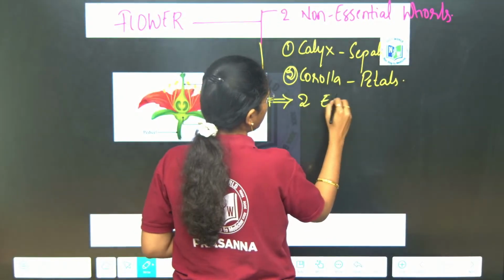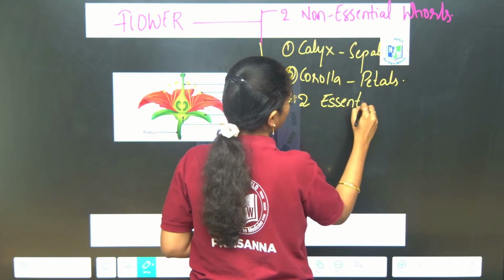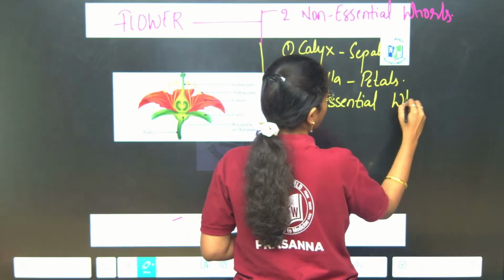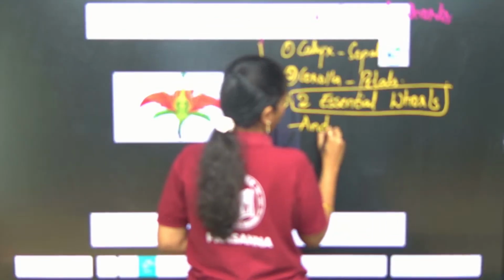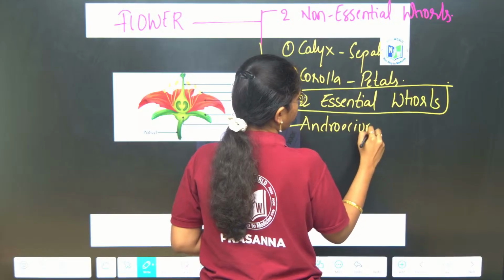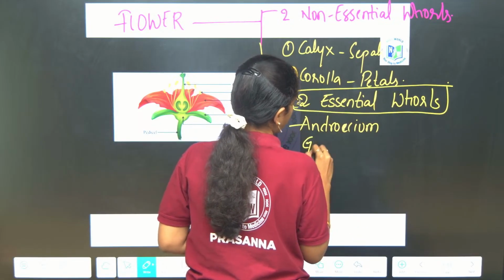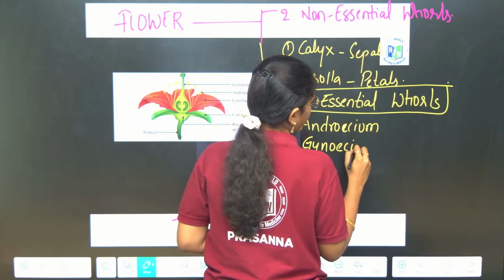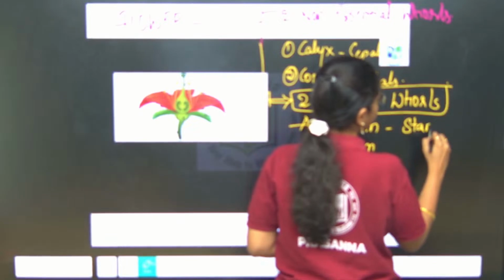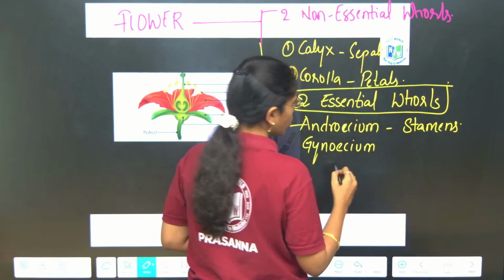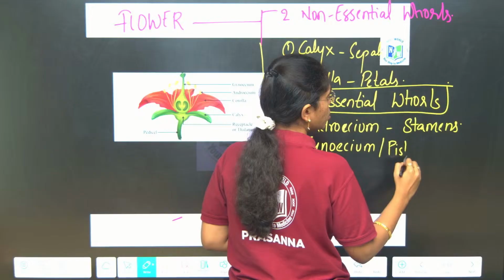And what are the 2 essential whorls here? Two essential whorls include androecium and gynoecium. Fine. Androecium consists of stamens. Gynoecium, you can use pistil as a synonym to gynoecium.